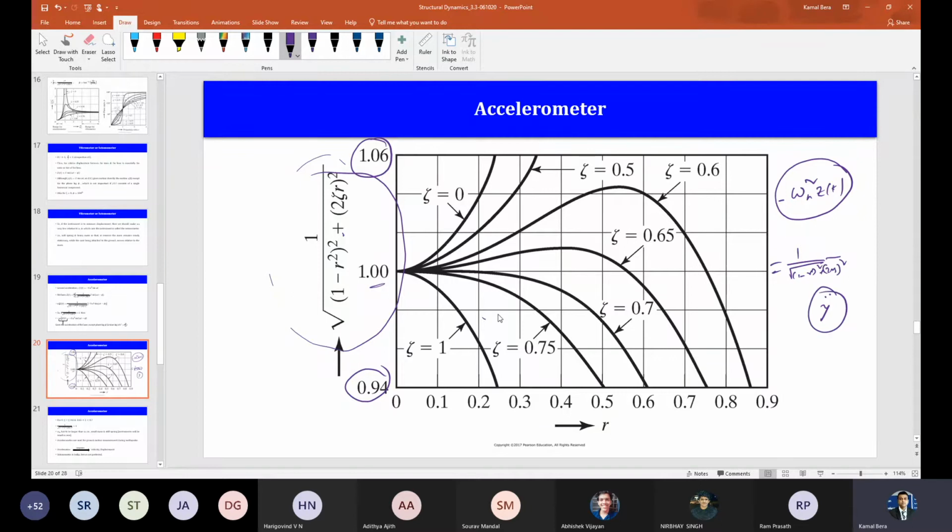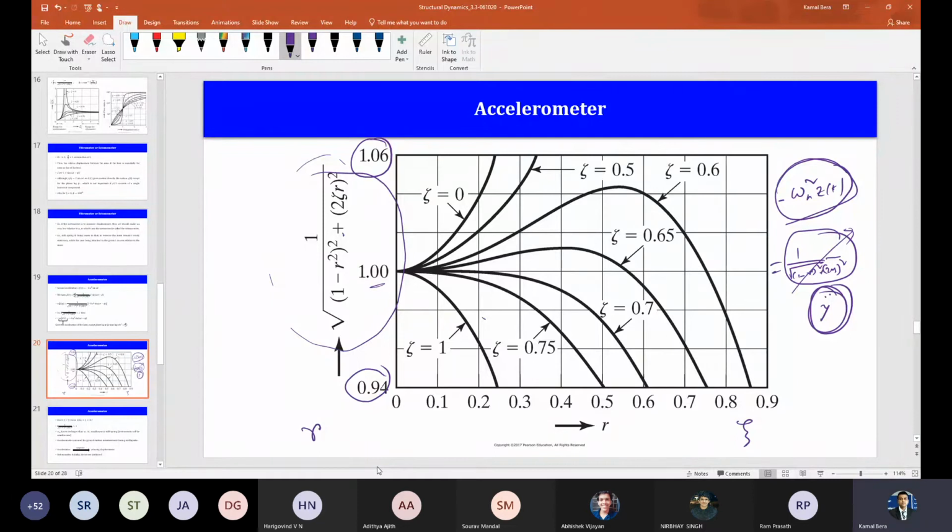So in order to get this, I have to make this nearly equal to 1. What damping ratio and what R should I keep? My system should be within that range so that I can measure the ground acceleration. Tell me from the figure. What zeta range and what R range should I use? Just tell me.